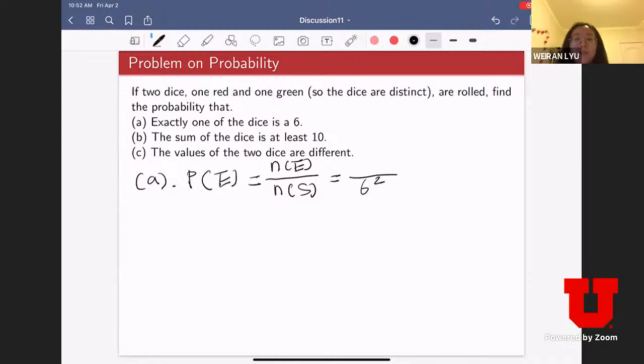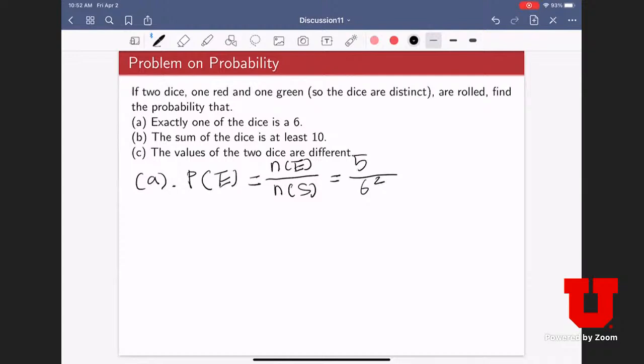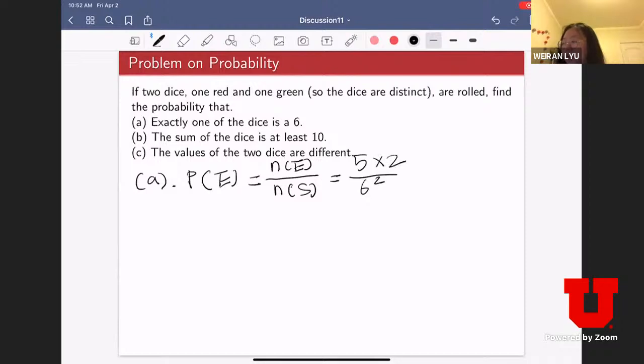So there's one outcome where exactly one of the dice is 6, and what about the other one? The dice are distinct. Yeah, it's 5 because either the red die could be 6 or the green die could be 6. Well, 5 times 2, sorry. Yep, so it should be 5 times 2.